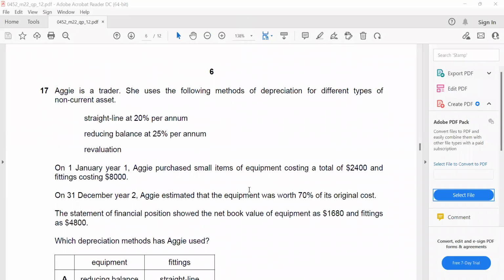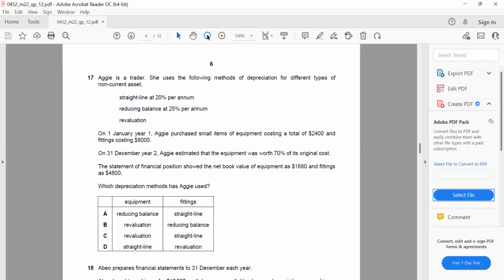Okay, question 17. Angie is a trader. She used the following method of depreciation for different types of non-current asset. Straight line 20%, reducing balance 25%, revaluation. On 1st January year 1, Angie purchased small item of equipment at a cost of a total 2,400 and fitting cost 8,000.